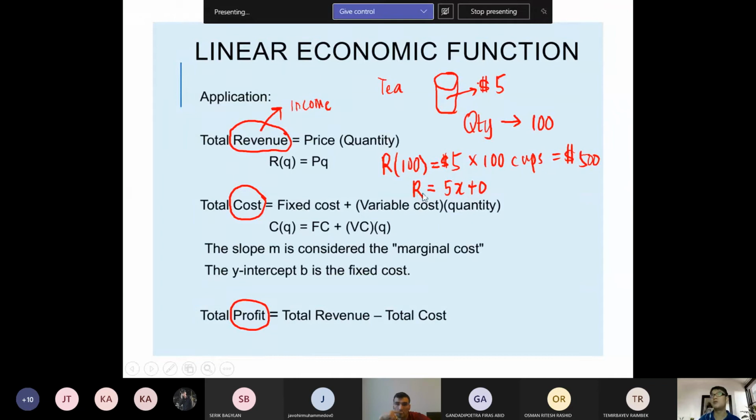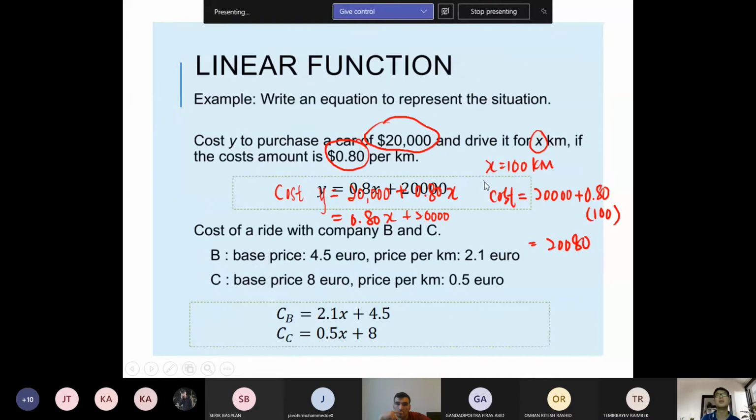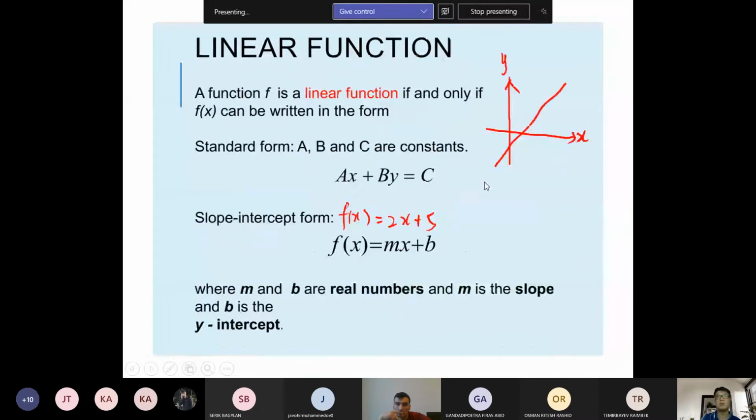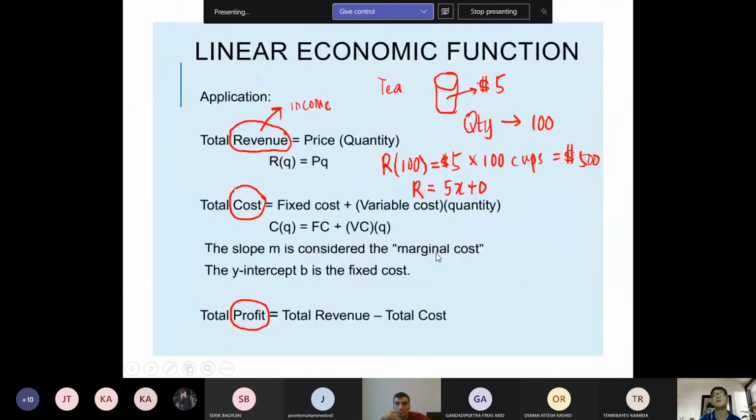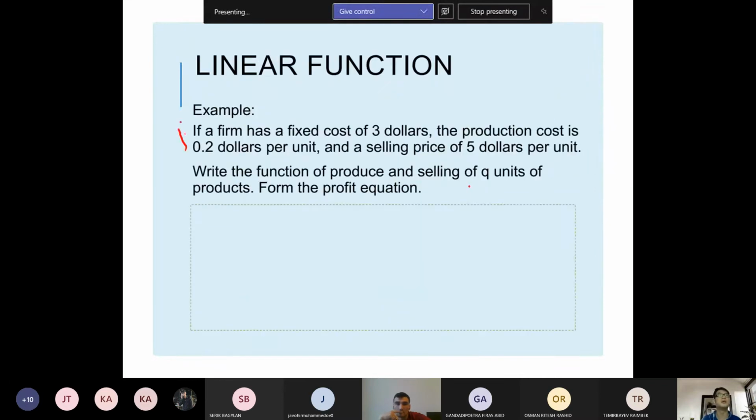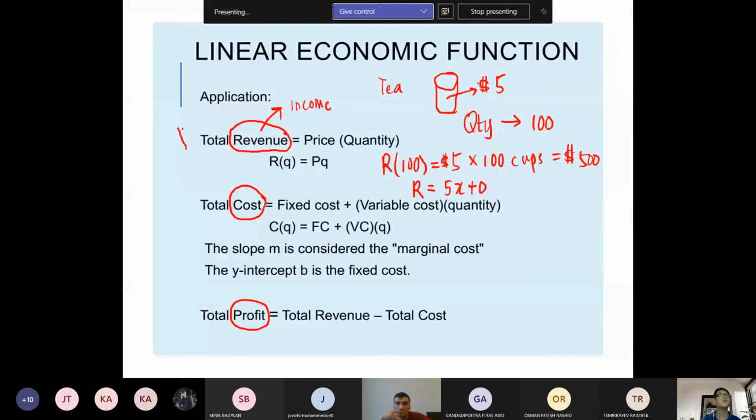The revenue will be $5 multiplied by the quantity plus the c, or plus the b. Here we actually use the symbol b. So the b is actually 0. So this is the first concept, revenue, and we use a linear function to solve it.